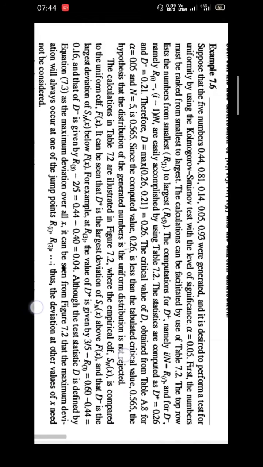It can be seen that D plus is the largest deviation of Sn of x above F of x, that is 0.26, and D minus is the largest deviation of Sn of x below F of x.